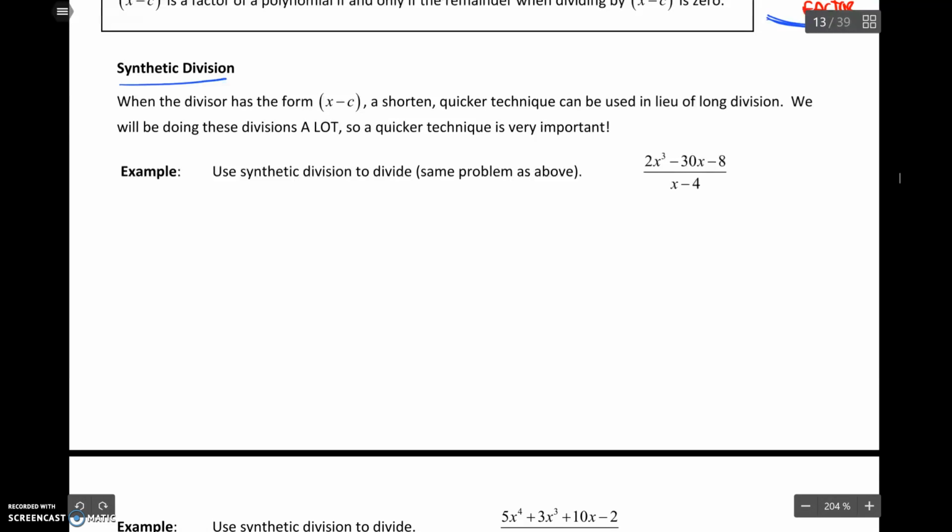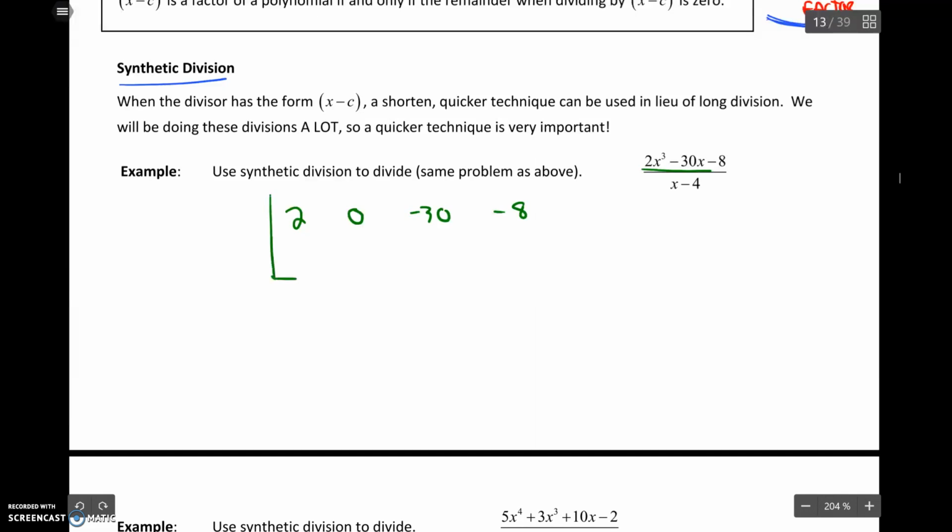So here's how you do synthetic division. I'm just going to do it, and then we'll talk about why it works and why it's the same thing. We're just going to take the coefficients of my dividend. 2. Now again, if there's no x squared, you have to put a 0 in as a placeholder. Minus 30, minus 8. So these are just the coefficients of my dividend.